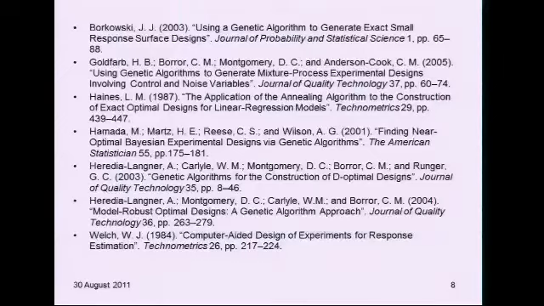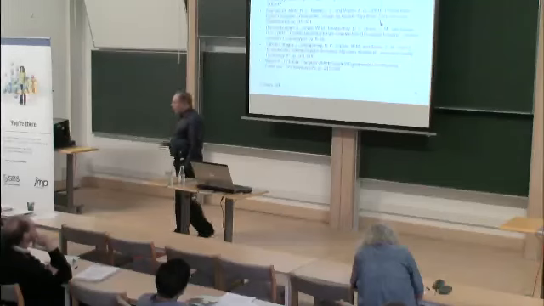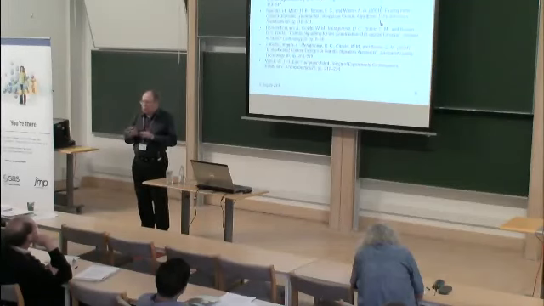I also recommend the paper by Mike Hamada, Harry Martz, and company, because that's actually the first paper that I can find on GAs where I think the authors actually did everything the way I'd like to do it. Okay, they did a really good job of that.